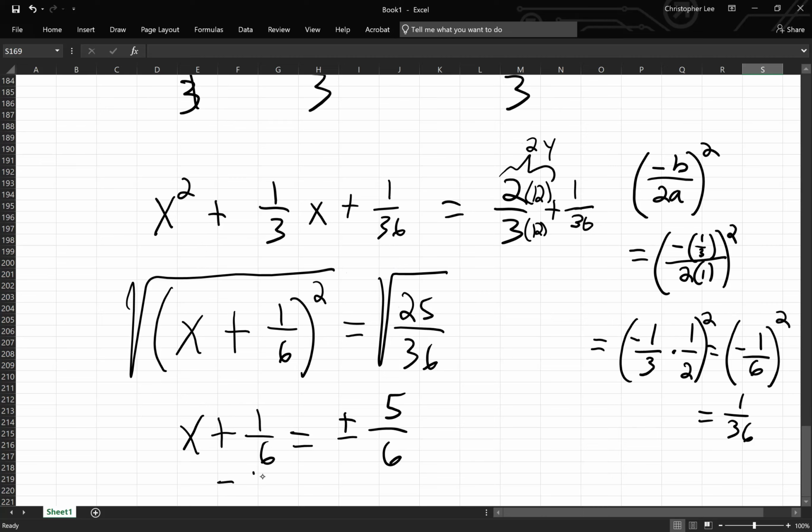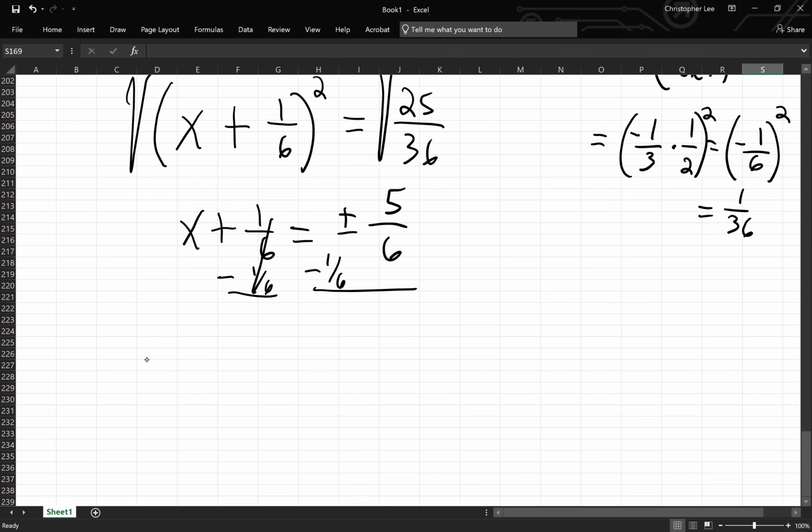Then I want to subtract 1 over 6. What I do to one side, I do to the other. Subtract the 1 over 6. So now I have x is equal to negative 1 over 6 plus or minus 5 over 6. Everybody good so far? I'm going a little bit fast here because I want to get to the sweet spot, what I'm going to show you for the factor.